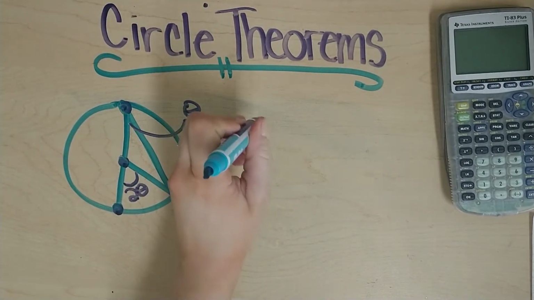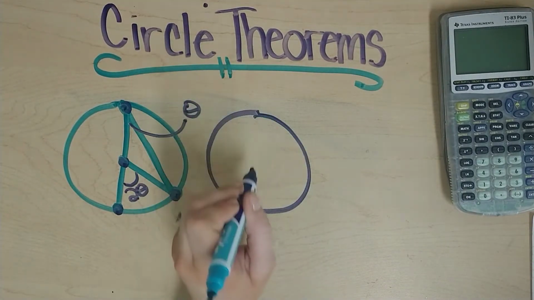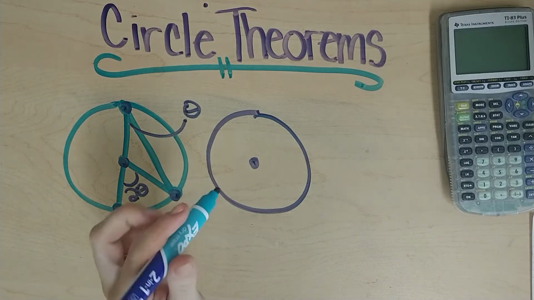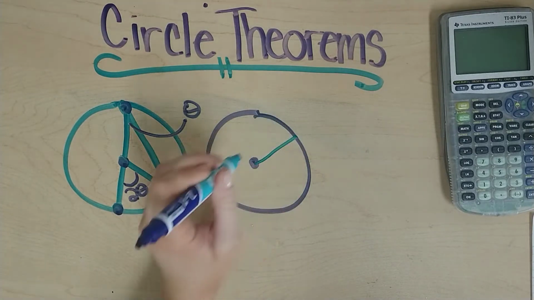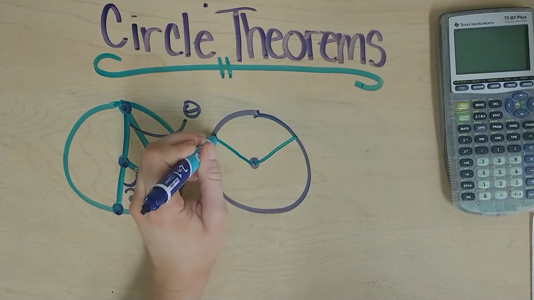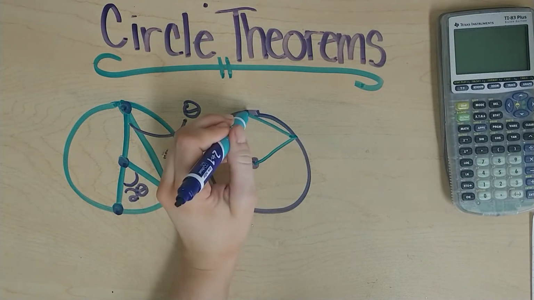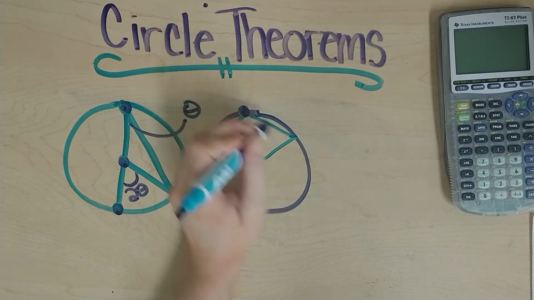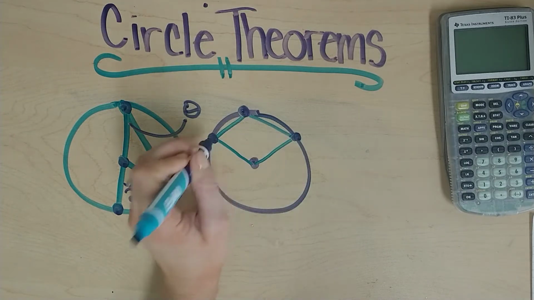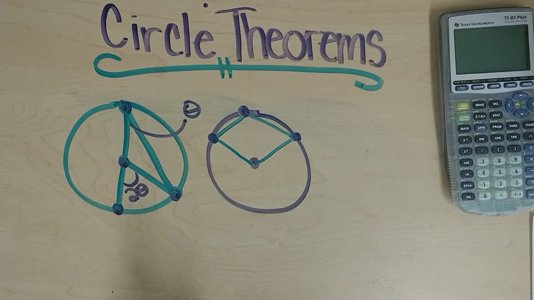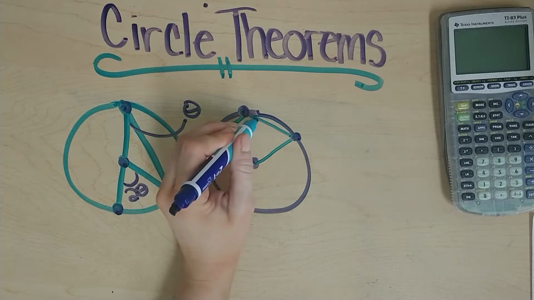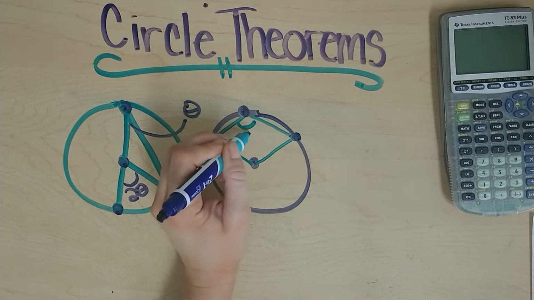Another example of that is with this circle. Here is our center point. I am going to create some radiuses coming out, a couple chords. Here are our points. Okay. Whatever this angle is, here's our theta.